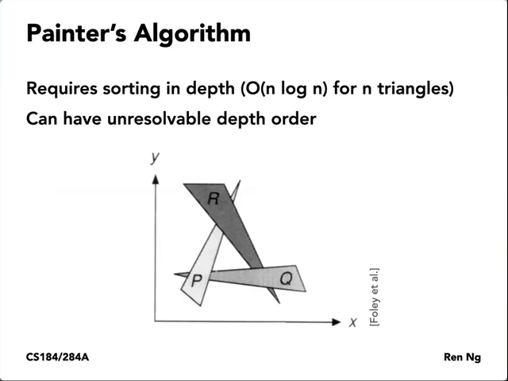So to draw this scene and get the occlusion to work correctly, you'd actually have to take P, Q, and R, and break some of these triangles up into smaller parts, okay? So you may not actually be able to keep your original meshes. You may have to remesh. So it's a simple algorithm conceptually, but with some significant challenges to consider.